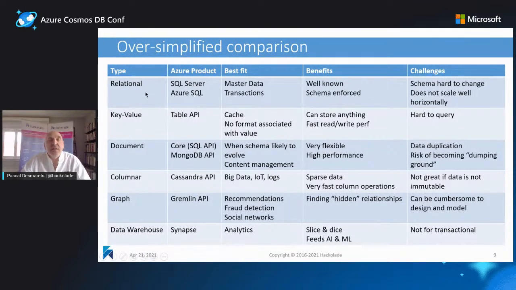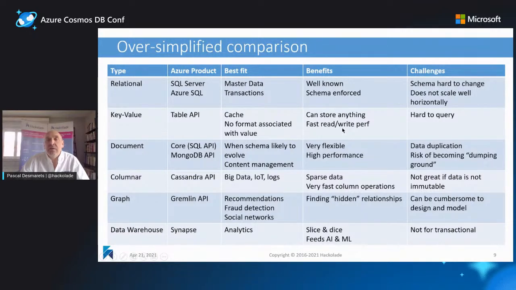And so we see here, as we saw in the example earlier, that relational best fits use cases of master data and transactions. It has the benefits of being well known by many people and enforcing the schema at the engine level. But it comes with problems such as the fact that schemas are hard to change and the technology does not scale well horizontally.